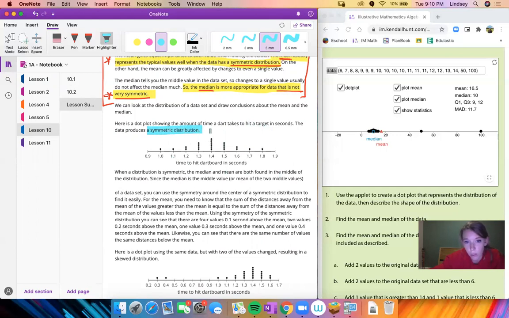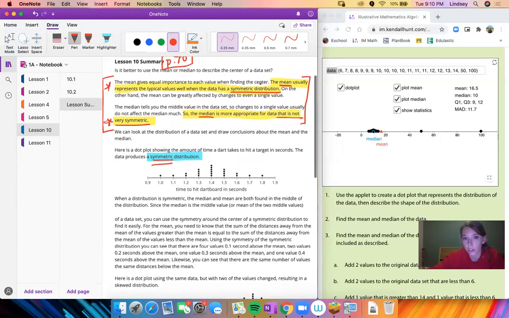If we were to split it in half, then it's pretty similar on both sides. Therefore, if we have a symmetric distribution, what measure of center are we going to use? The mean. And if we're using the mean as our measure of center, then we're going to use the MAD as our measure of variability.